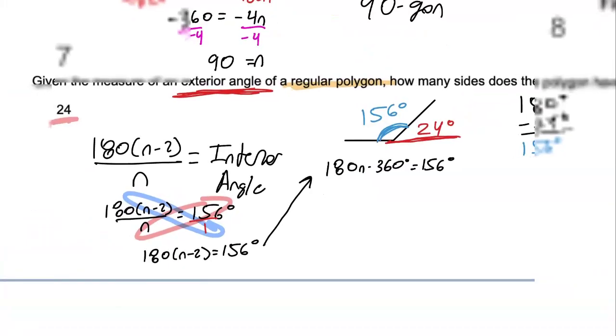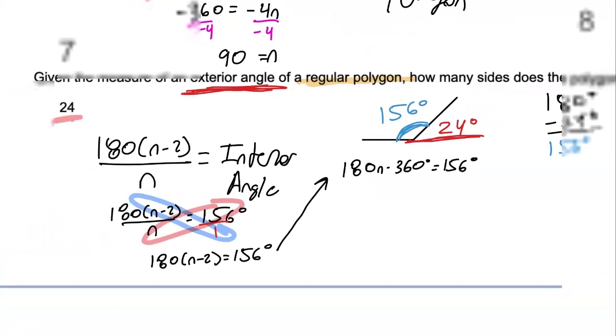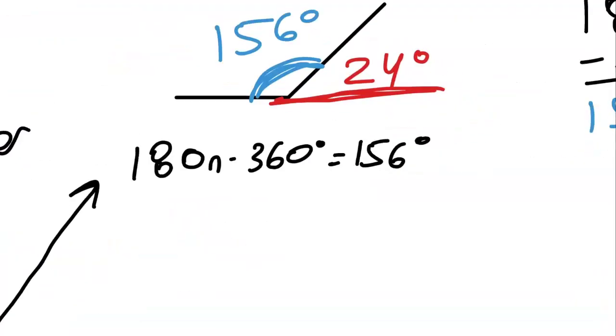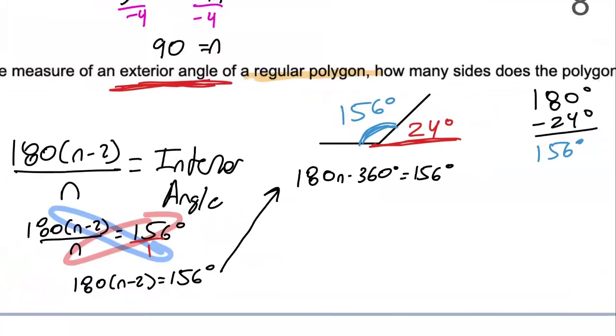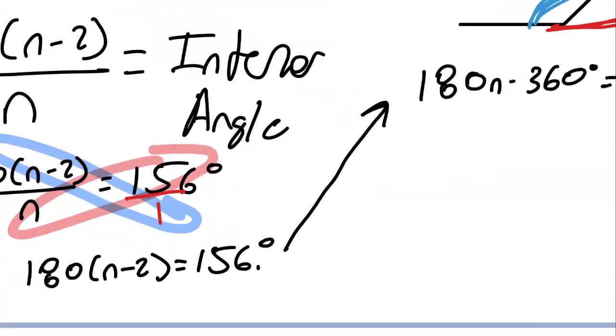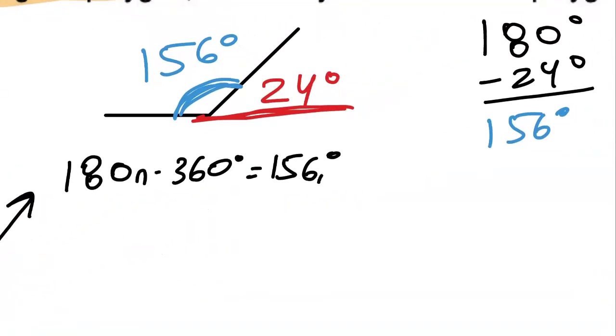I feel like I messed up. Did I mess up? You forgot to add the 10 to the 156. Ah, thank you. I knew I messed up somewhere. There you go. So this isn't a degree. This is just n. Okay, now that looks correct.